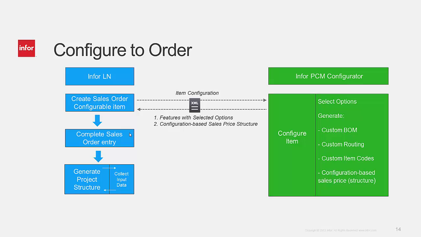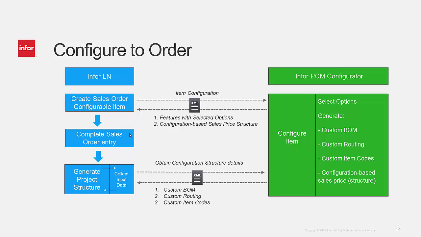At that point in time, it is identified that the configuration resides in PCM and that LN will ask the PCM configurator to pass along custom BOM, routing and item codes to LN, which are required to generate a project structure. Once this is done, the customer can continue the normal process of planning and execution within Infor LN.